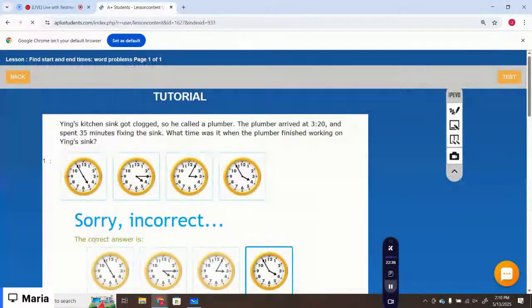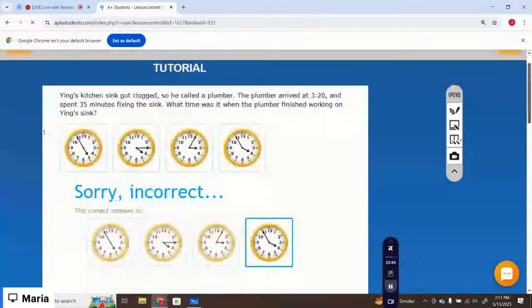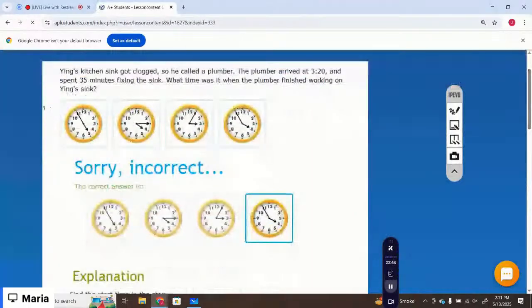Ying's kitchen sink got clogged, so he called a plumber. The plumber arrived at 3:20 and spent 35 minutes fixing the sink. What time was it when the plumber finished working on Ying's sink?